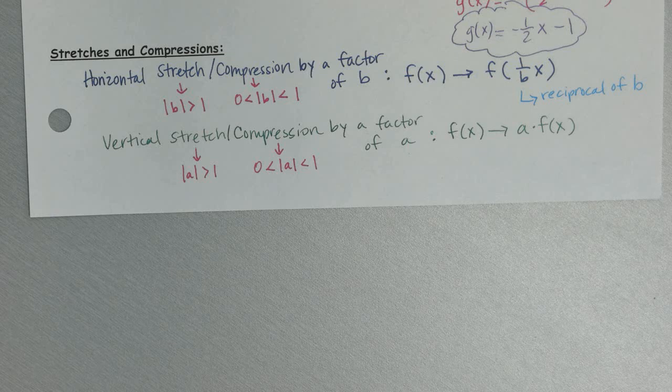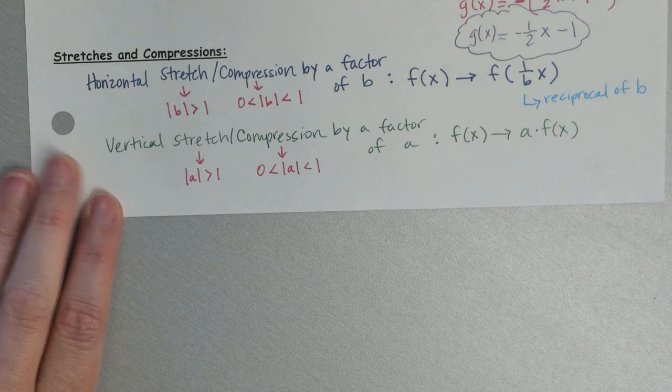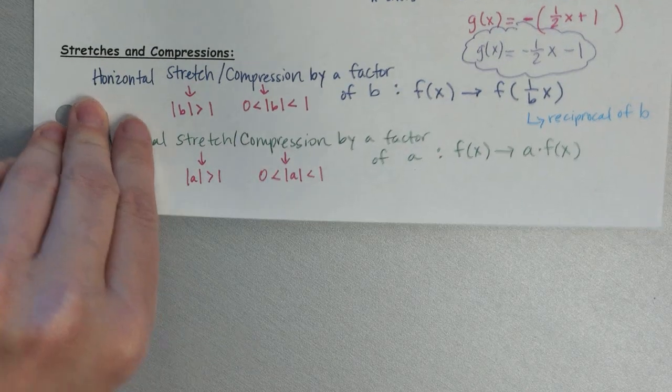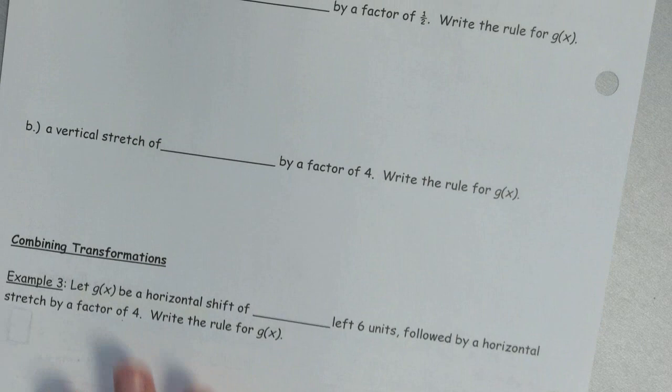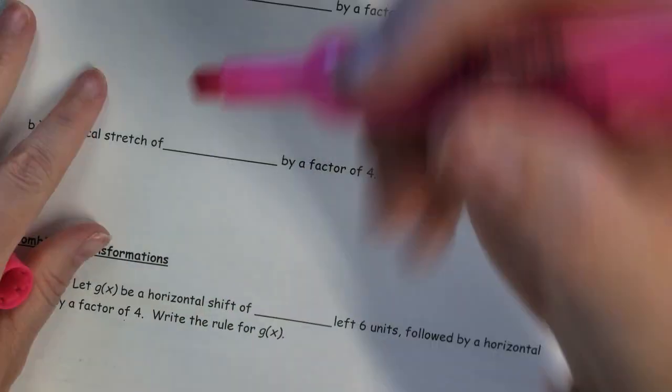All right, so let's turn it over. And we're going to start applying these rules. Do you need any more time with this part? All right, so it says let g of x be, and then we're going to do several examples. So for the first one, it is a horizontal compression.